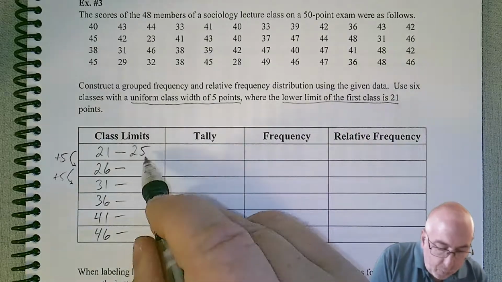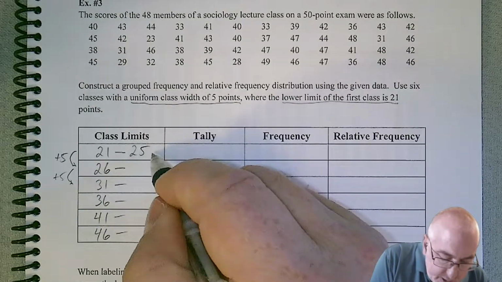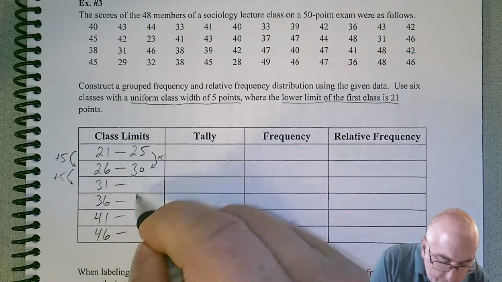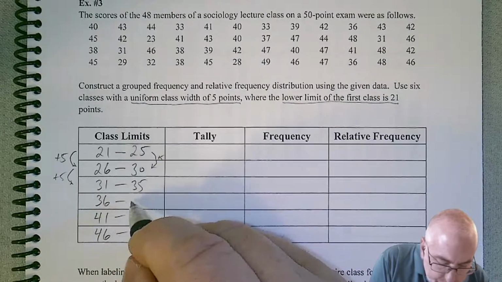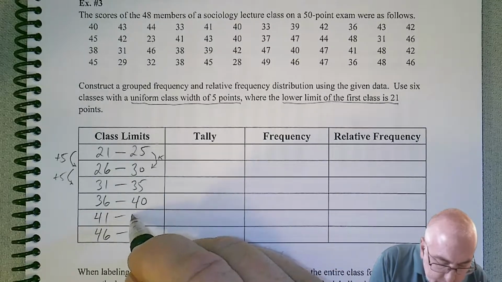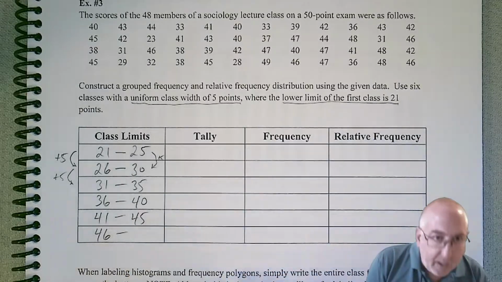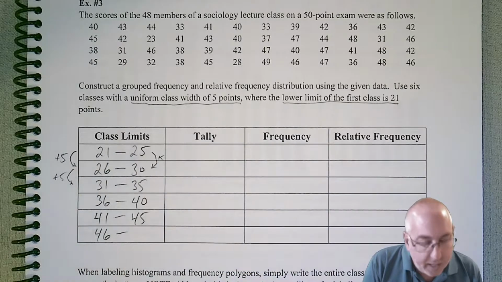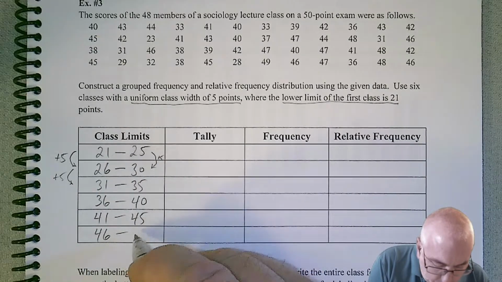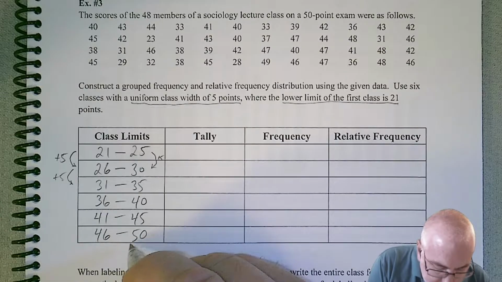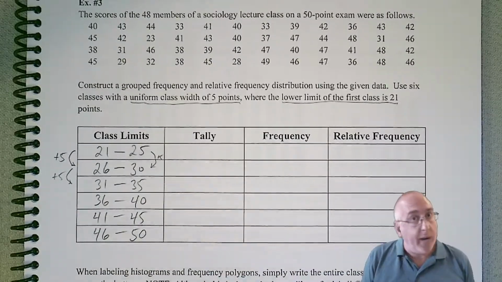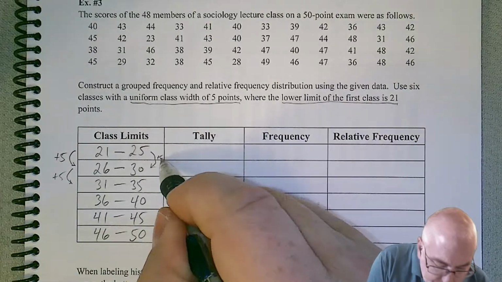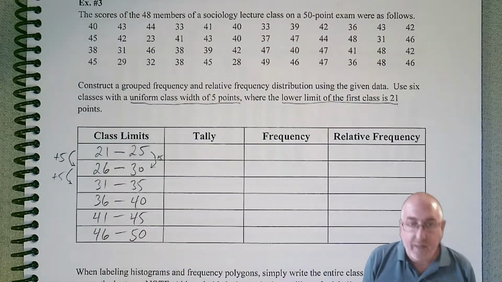And once you have the starting points, you can do the same thing for the ending points: add 5 and work your way down. It's a nice, quick way to do it. But like I said, a common mistake is that students love to add across, and you can't do that. That class width will not work that way. Just use your fingers and your toes if you have to, and be careful. So yeah, add that 5.